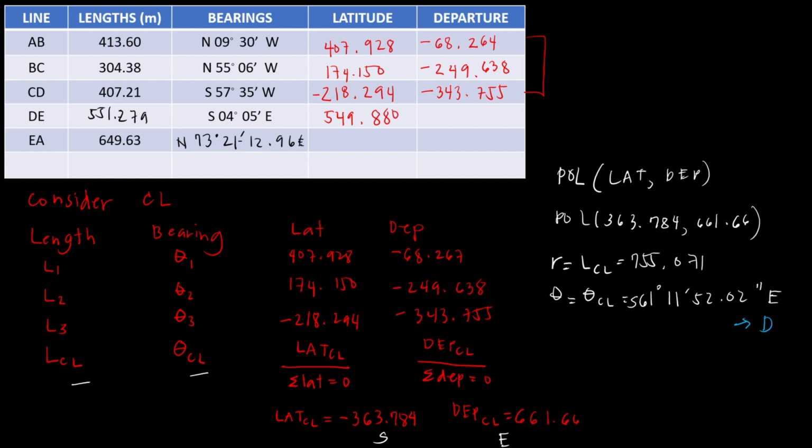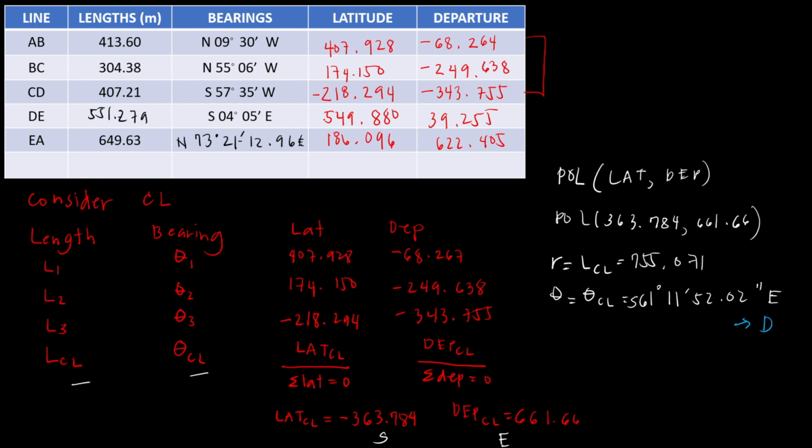And then yung departure, that is 39.255. And then next, 649.63. And then 73 degrees, 21 minutes, 12.96 seconds. 186.096. And then 622.405. And then lagay natin yung sign.